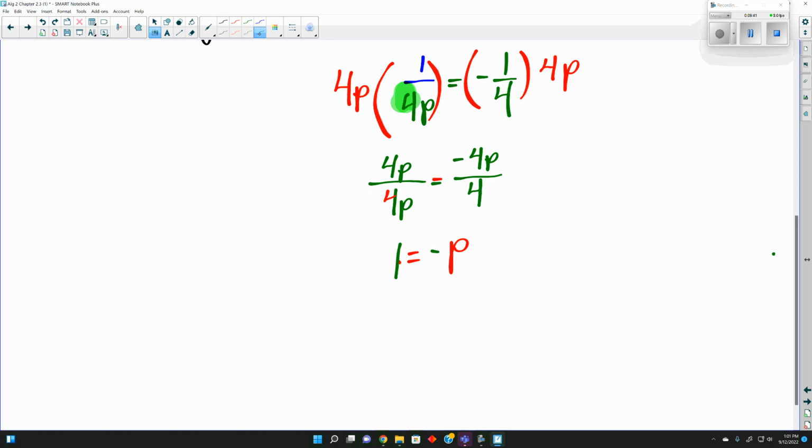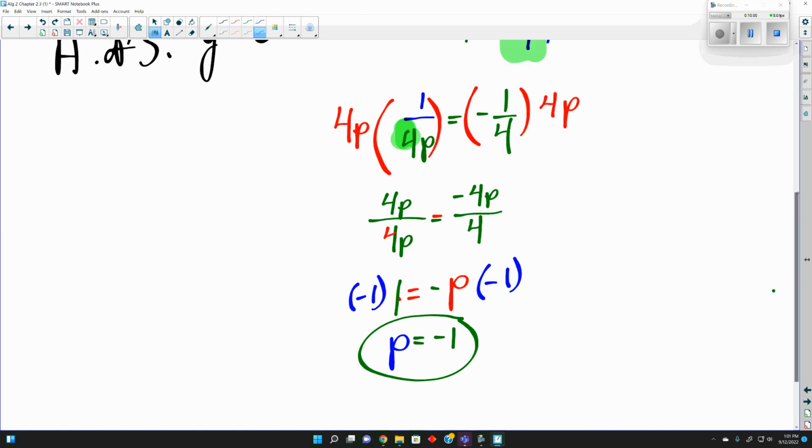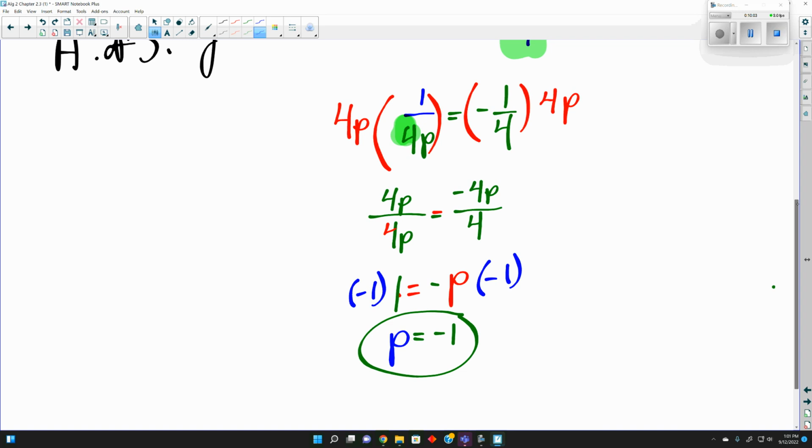Well, no. It's negative, right? So we can divide it or multiply it by negative 1. It'll do the same thing, which tells us p is negative 1. P is negative 1. Any questions on how we found the value of p? Any questions on any of this so far?